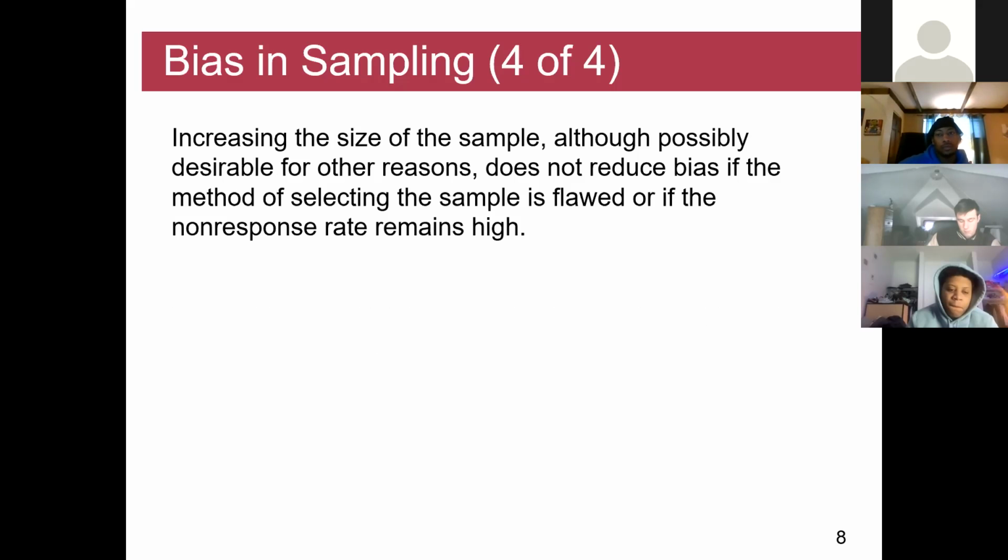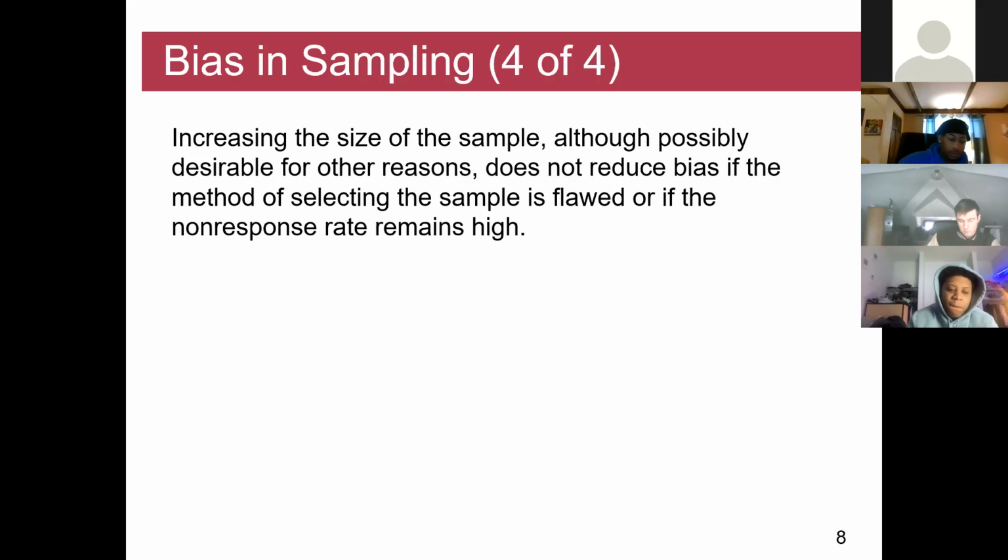For example, if we had 100 people originally in our sample and we wanted to increase it to 200 people, then the sample size would be originally 100, and then we would increase it to 200 people. That's what we mean by size. Increasing the size of the sample, although possibly desirable for other reasons, which we'll find out in future lessons, does not reduce these biases that we just talked about.